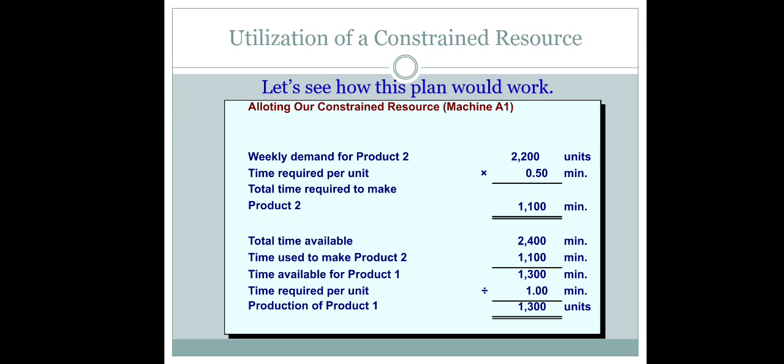You have to show how many machine minutes have to be used for product 2 and product 1. Given that product 2 generates the highest contribution margin per machine minute, this business has to produce product 2 first. So see the demand for product 2, the demand is 2,200 units. So 2,200 units, time required per unit is 0.5 minute.